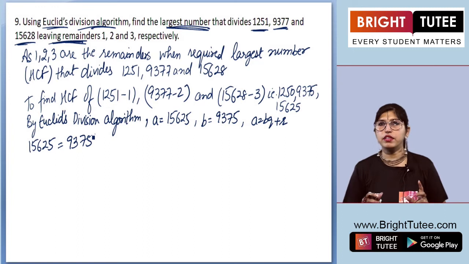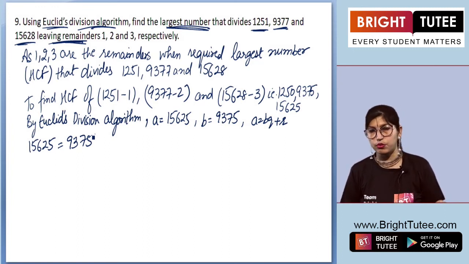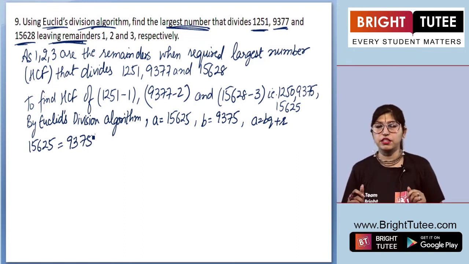Then whatever HCF we get, we'll take it with the other number we are left with, that is 1250, and we'll get the final answer, the highest common factor of these three numbers.